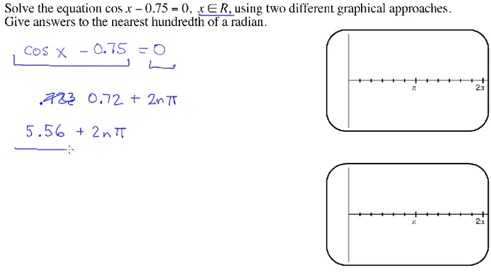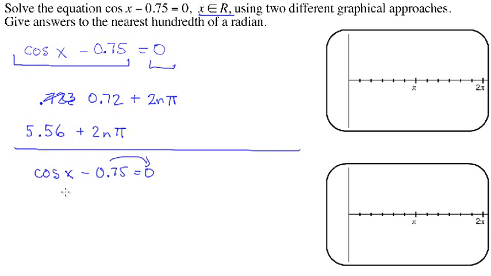So that's our first solution, what we call the 0 method of finding a solution. The other method involves modifying the equation a little bit. If you have cosine x minus 0.75 equals 0, you can move this 0.75 and get cosine x equals 0.75.